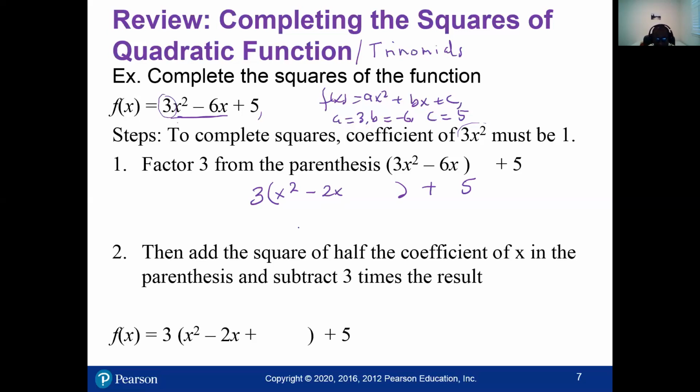So if you factor this out, we have this. Then step 2, we're going to add to this. We first will take half the coefficient of the x here, then square that and multiply by 3.